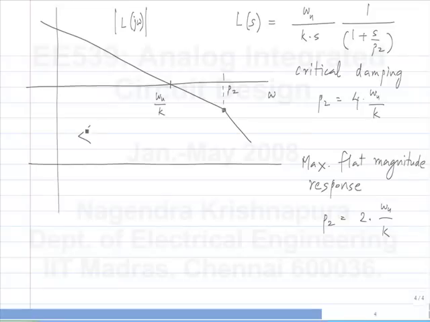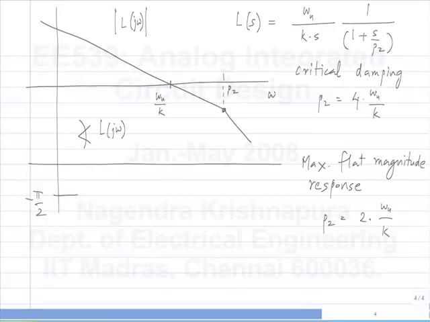Now if I plot the angle of the loop gain, what does it look like? What is the angle of the loop gain at very low frequencies? Minus 90. So you have omega u by k s, that is j omega. It's an imaginary number with a negative imaginary part, so it's minus 90 degrees.